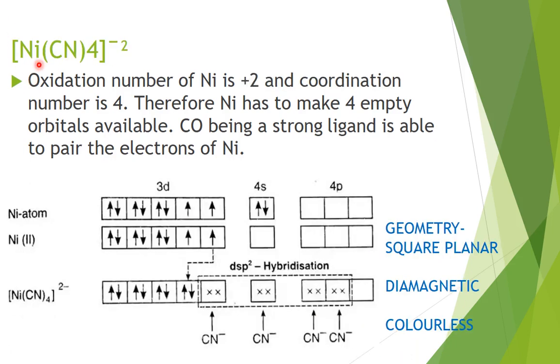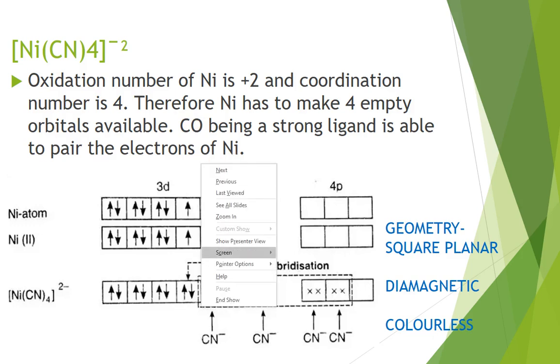Another example, Ni(CN)4 2 negative. Oxidation number is +2 and coordination number is 4. Let us write the electronic configuration of nickel and nickel +2. 4s2 3d8. In +2 state, 4s becomes vacant. So here it is CN. CN is a strong ligand, it is able to pair the electrons of nickel.